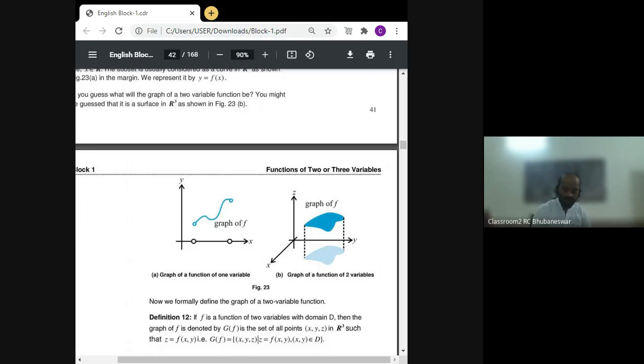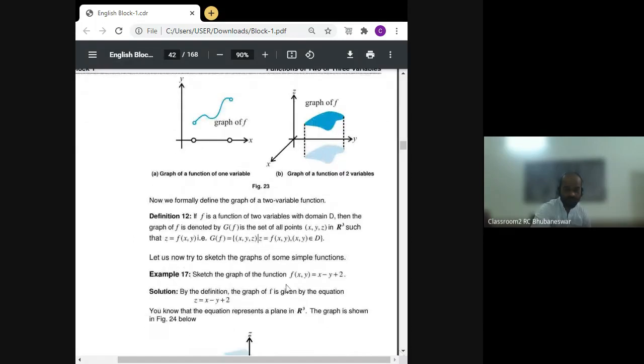That means whenever we take two variables from a subset of R square, we have a certain region, and if we use the values from that region, we have a set of outputs, and if we draw this output in a figure, that will be again another region. So look at that: this blue region is the output, and the shadow is the input of the function.